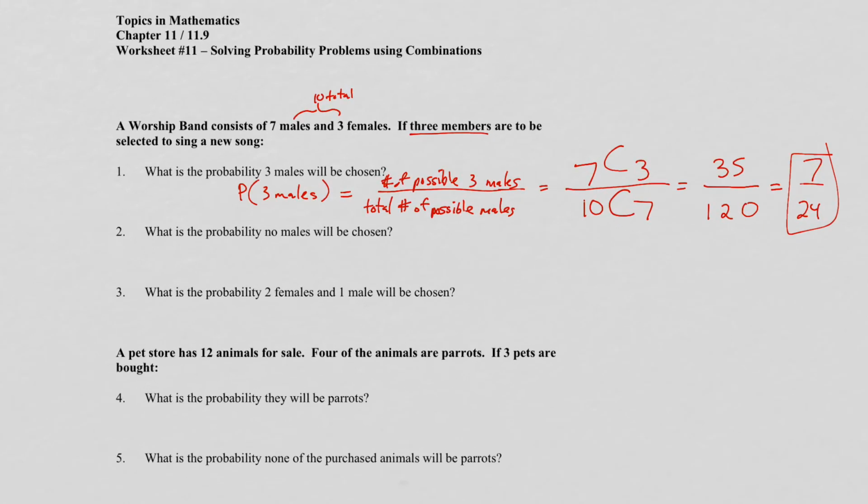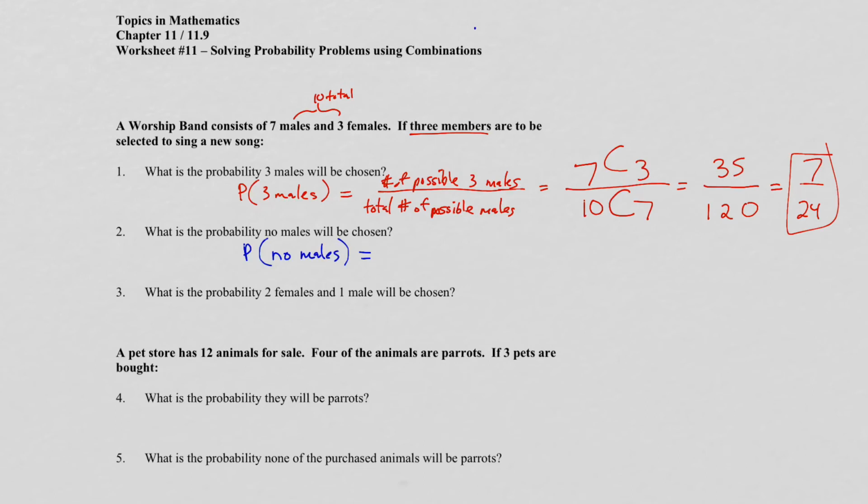All right, so questions. Let that sink in a little bit. We're doing regular probability, which we know is a ratio. All women, all females, right.